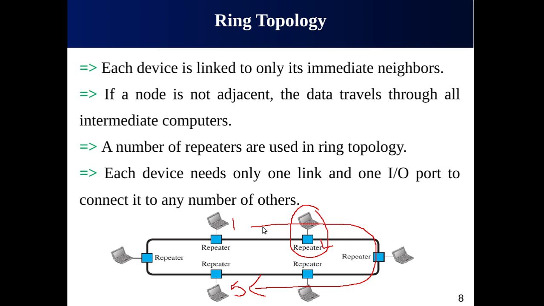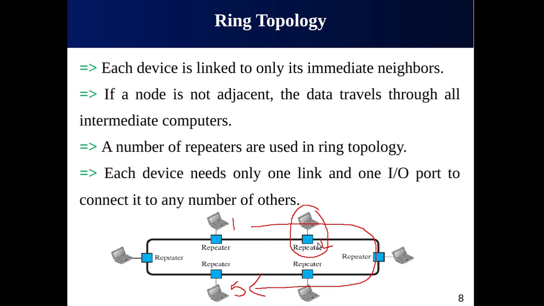So the repeater at that device will enhance the signal and send it out. If one device does not receive a signal within a specified period, it can issue an alarm, and the alarm alerts the network operator to the problem and also its location where the problem actually happens.